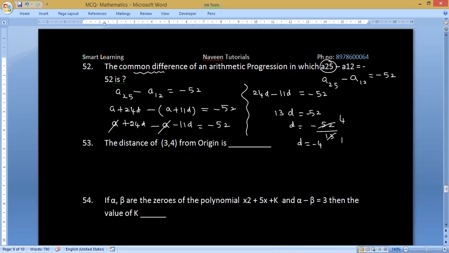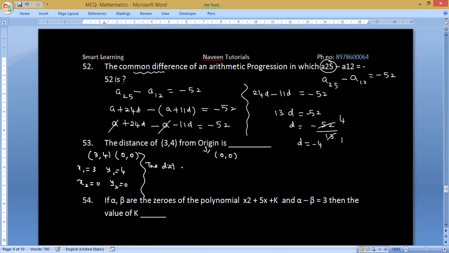So the next question is the distance of 3 comma 4 from the origin. Origin is nothing but 0 comma 0. So we have to find the distance between 3 comma 4 and 0 comma 0. So x1 is 3, y1 is 4, x2 is 0, y2 is 0. Now we have to write the formula. What is the formula?